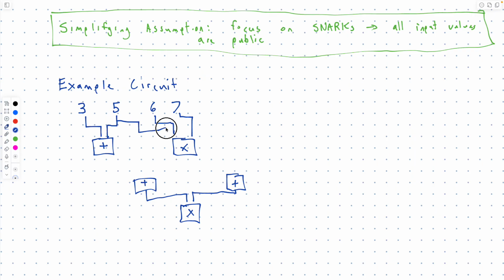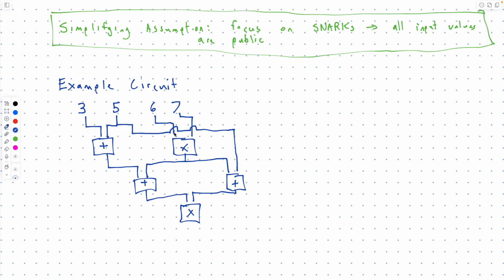I'm going to grab 5, and I'll put it as the input here. Then I'll take the output here and put it here, and I'll take the input here and put it here, and I'll take the output here and put it here. Okay. So there's a little circuit.